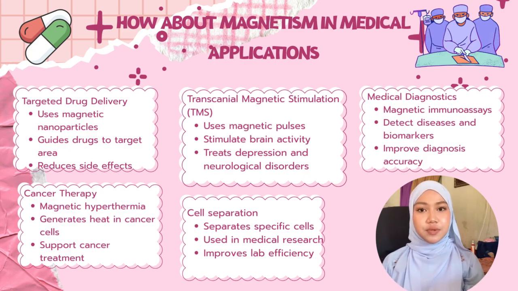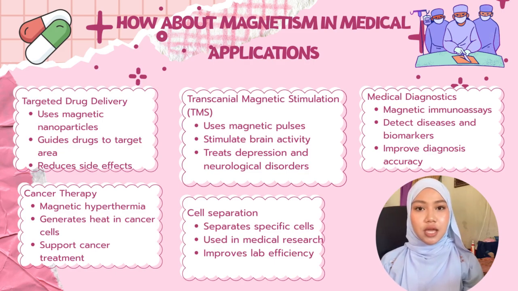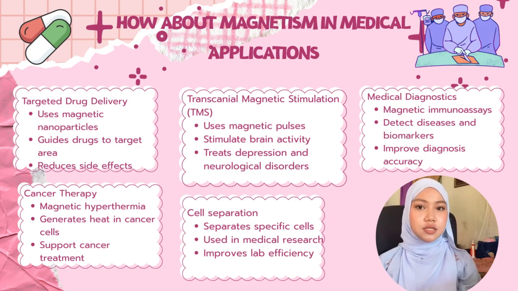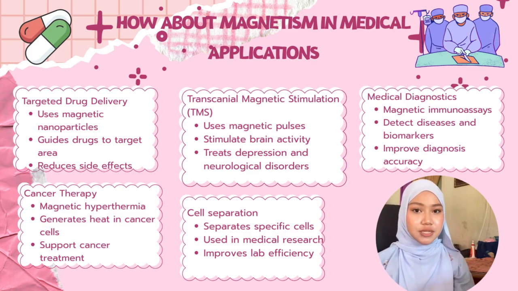This uses magnetic beads to detect disease or biomarkers in blood samples, allowing for faster and more accurate diagnosis. In addition, magnetic hyperthermia therapy uses magnetic particles that produce heat under a magnetic field to help destroy cancer cells or support cancer treatment. In conclusion, magnetism has many important medical applications beyond MRI machines. It improves diagnosis, treatment accuracy, and patient care in modern medicine.